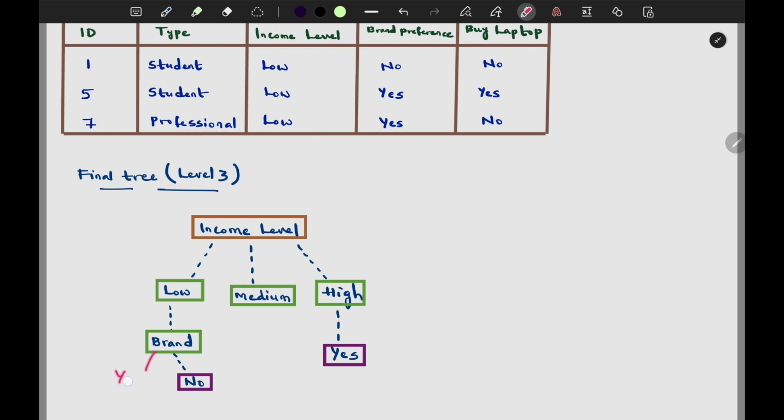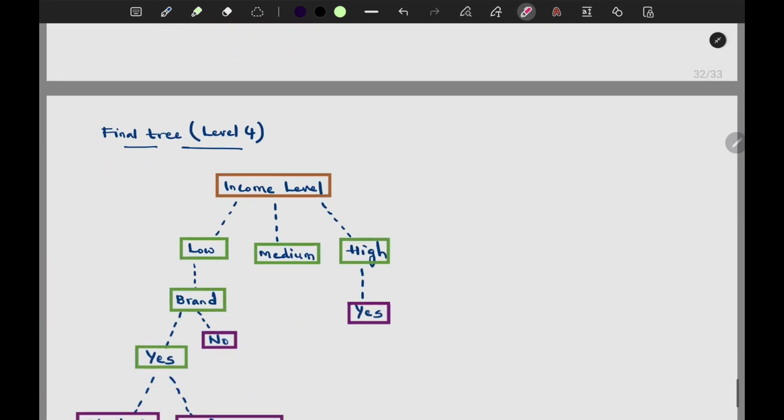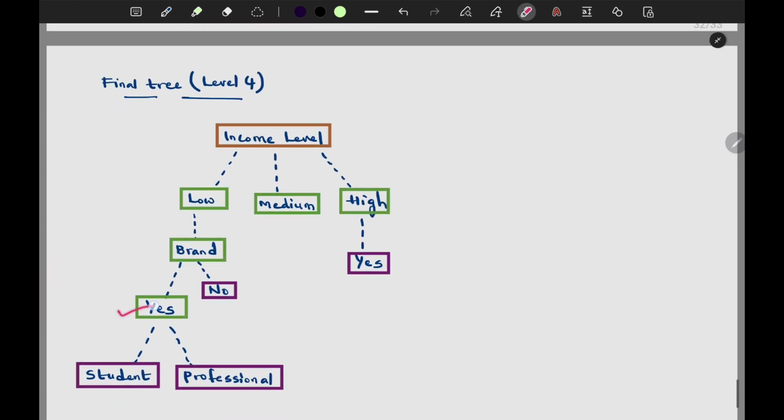So here my yes will again act as a decision node. Yes will be the decision node, and out of this decision you will be thinking of student or professional. Here it is no, and it is strictly only for student. There is no other classification over this. So this is at level 4.